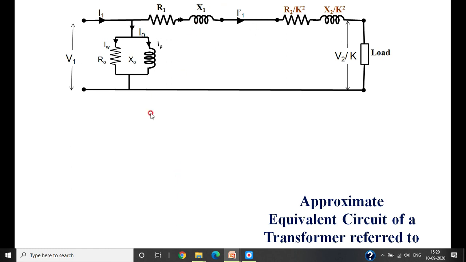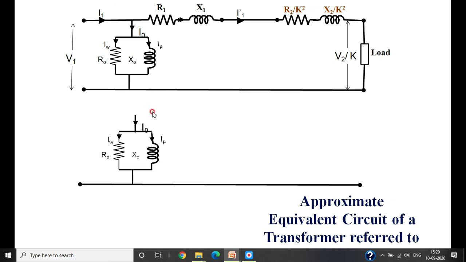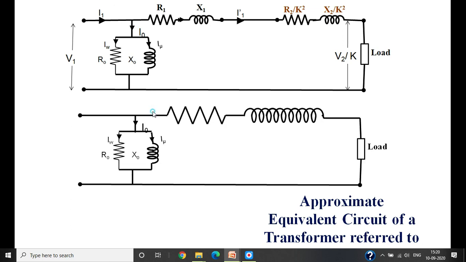The same thing I am doing here, just see here. I am adding those two, then what I am getting is R01 and X01. R01 is called the equivalent resistance and X01 the equivalent reactance referred to the primary side. It is R1 plus R2 by K square, and X1 plus X2 by K square.